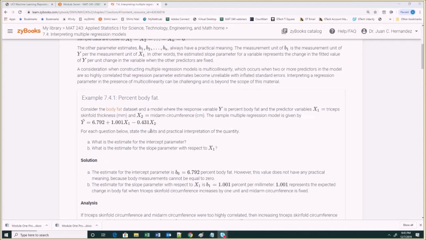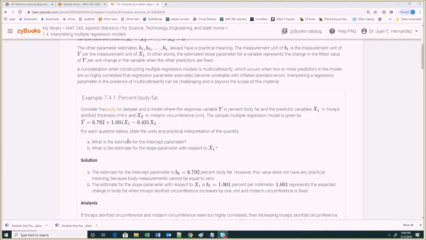Now practically what does that mean? Well, what it means is that each time the triceps skin fold thickness goes up by 1 unit, then the body fat percentage will go up by 1 unit, provided that the mid-arm circumference remains the same.